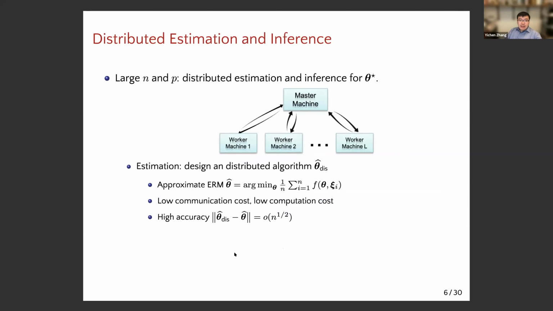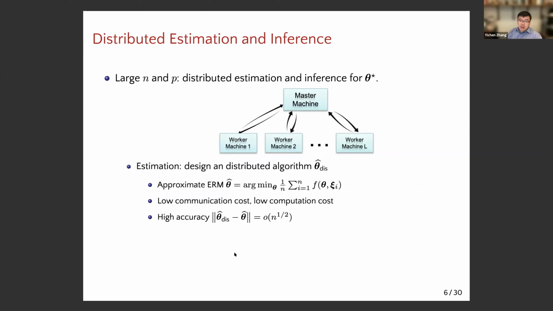So in the distributed environment, we are interested in designing a distributed algorithm, which we call theta hat distributed, that approximates the empirical risk minimizer evaluated on the pooled, full data set, the entire data set. We want it to have low communication cost and low computation cost.